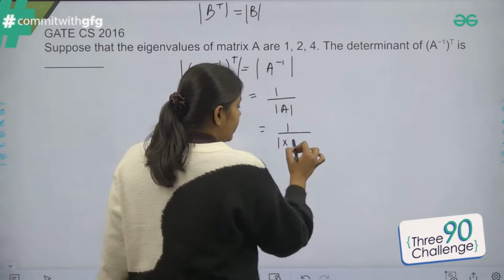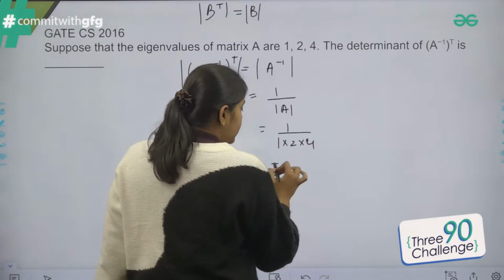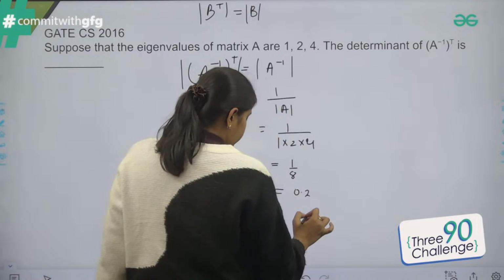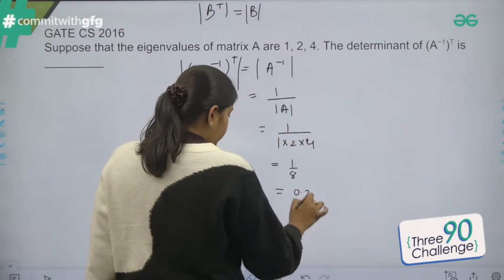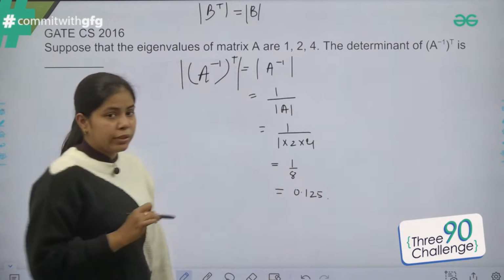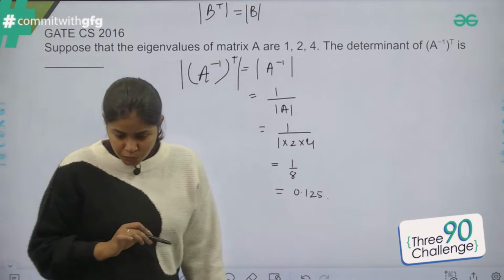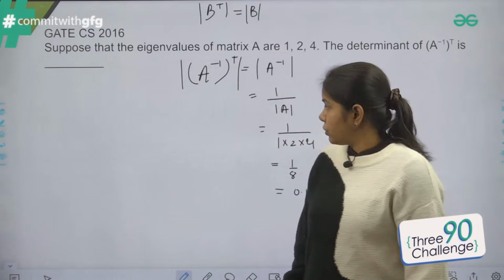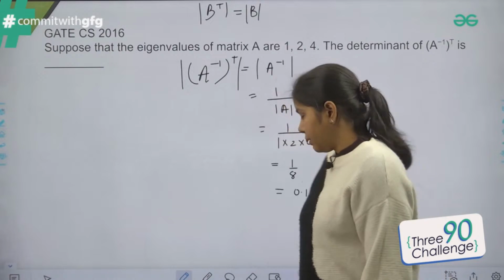That would be 1 into 2 into 4, that is 8, so 1 by 8. This would give me 0.125. So that would be the determinant of A inverse transpose. Right, 1 by 8 would be the correct answer. Right, Danish? That is correct.